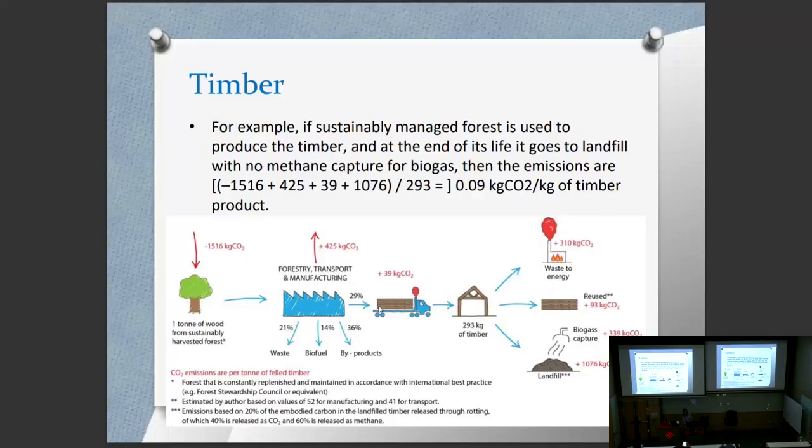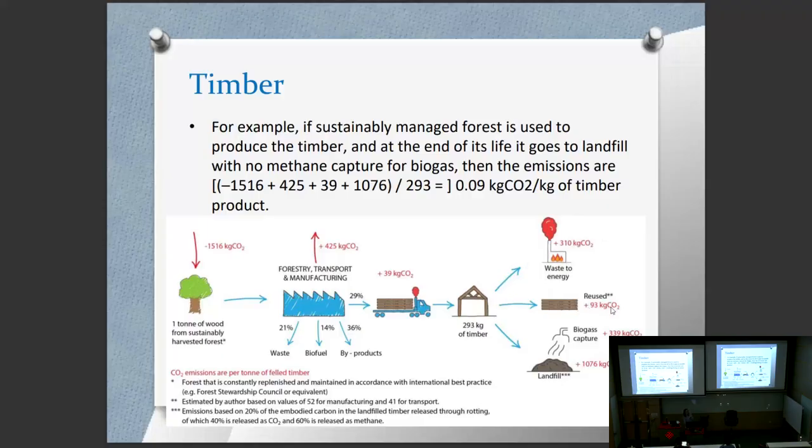The timber will be transported to some distribution point, and in the transportation process, a certain amount, like 39 kg of carbon dioxide, is produced. Then the timber will be used for constructing a building. Maybe after like 30 years, when this building has to be demolished, you have several ways to treat the timber. Maybe you burn it, and when you burn it, it releases a certain amount of carbon dioxide.